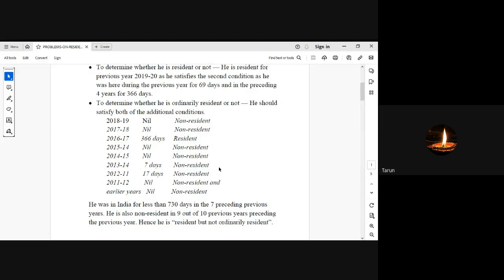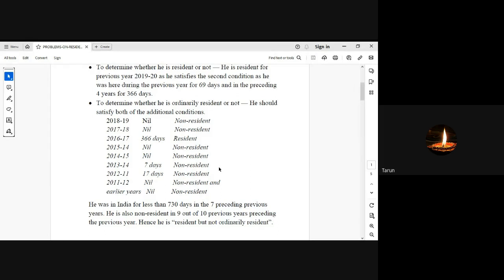But he is a resident. How is he a resident? Because he has satisfied the B condition of the basic conditions. He has spent more than 60 days plus 365 days during the four preceding years, since X already spent 366 days in India.